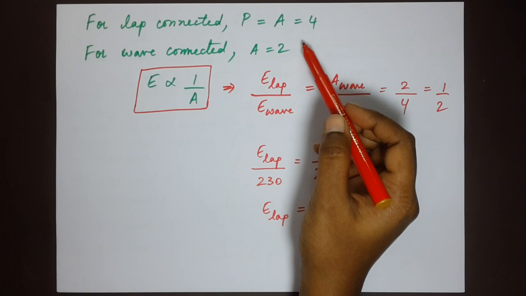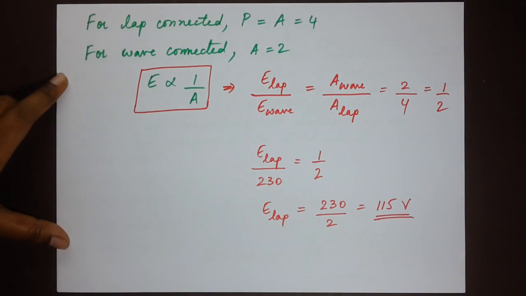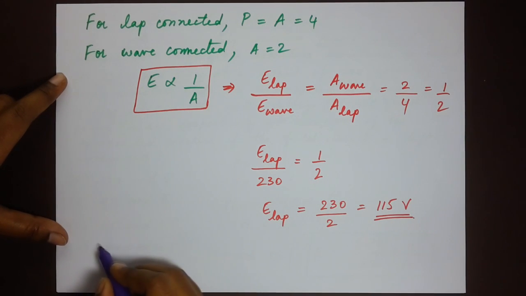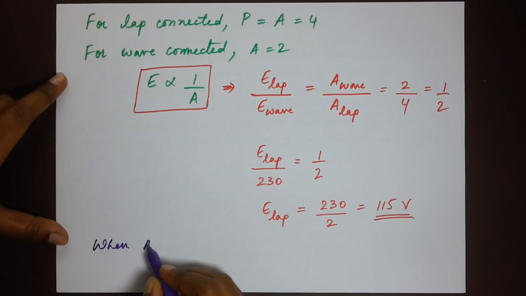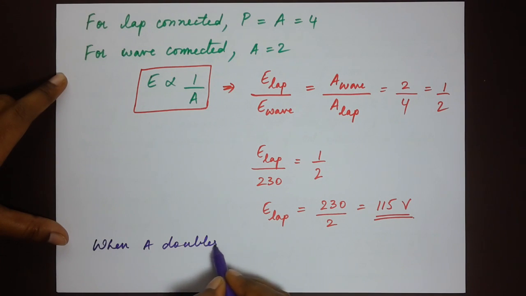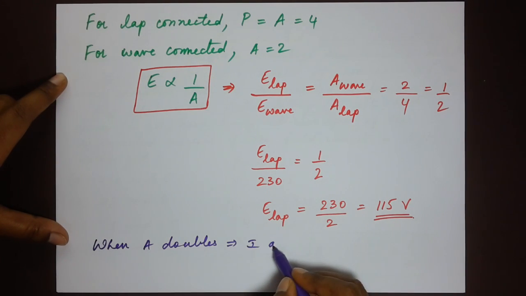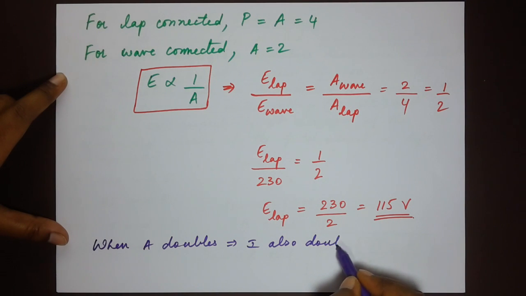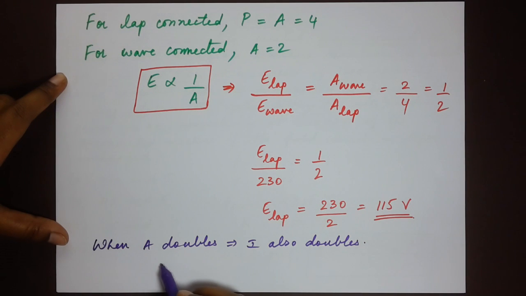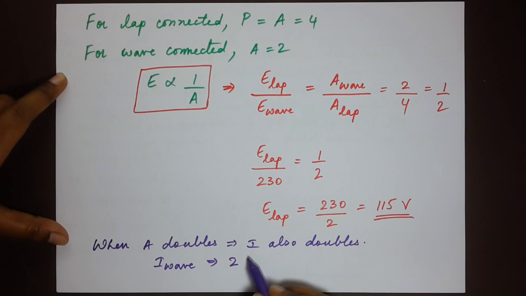That's an important point. When A doubles, current also doubles. So this means that I lap now becomes 2 times I wave. I hope that makes sense.